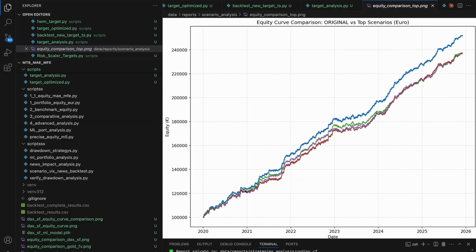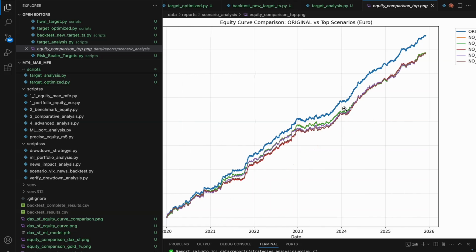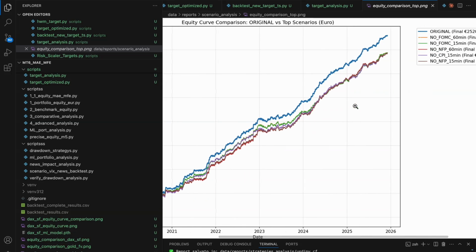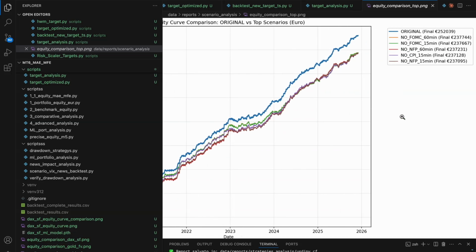And as you can see from the blue equity, each single year the equity is detaching more and more from the other. Okay, so that means it didn't perform better only once, but it performed better year over year.